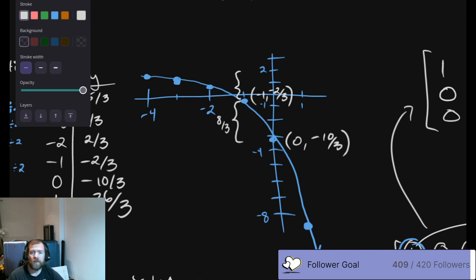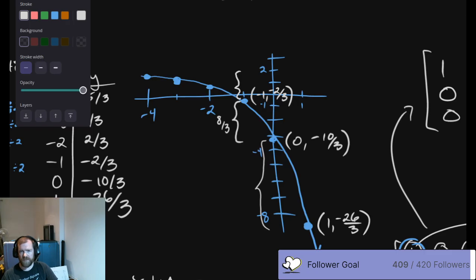So therefore, if this has a scale factor of 2, which we can check again, what about this one here? This was negative 26/3, 1 comma negative 26/3. The vertical distance between these 2 points is in the negative direction, so we might as well do that.